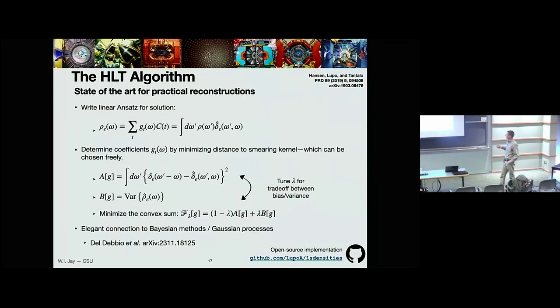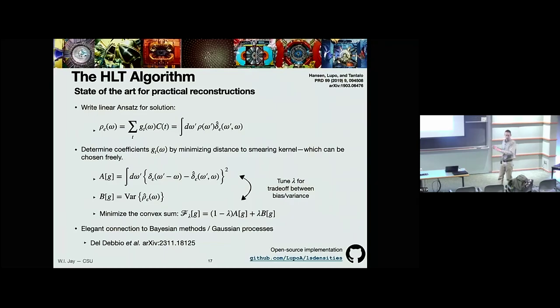As you minimize this convex sum, you've got this free parameter lambda, and you can think about this in the statistical sense as sliding along a bias-variance trade-off curve. In terms of the grand conversation of ideas, which is the subject of a conference like this, there have been elegant connections made recently to Bayesian statistics as well as Gaussian processes. And if you want to go do it yourself, there's a code.